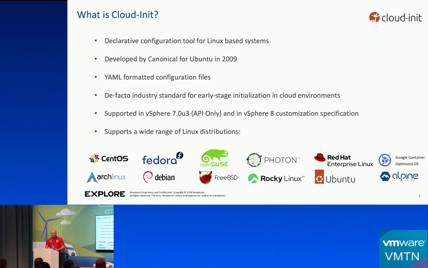So what is Cloud-Init? It's basically a declarative configuration tool for configuring Linux operating systems that reads and processes a provided YAML file at boot. This allows us to automatically set up users, packages, updates, configure services, and much more without manual configuration.